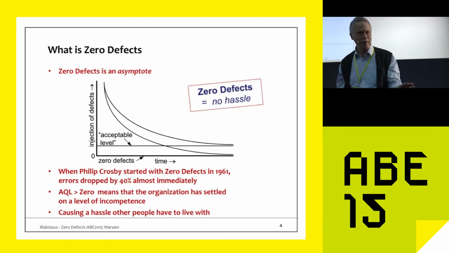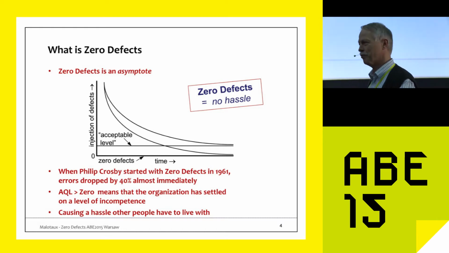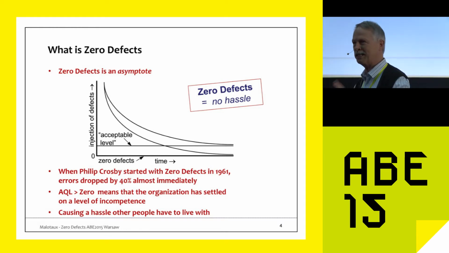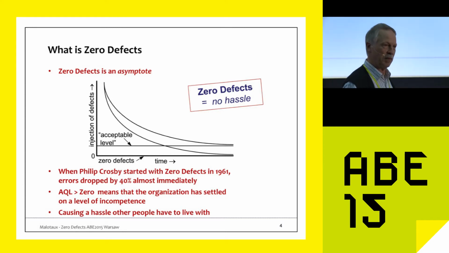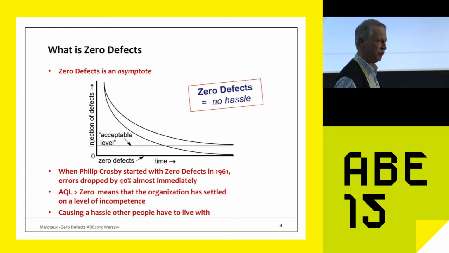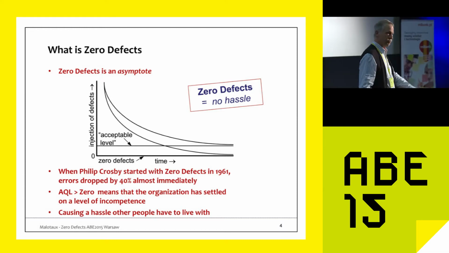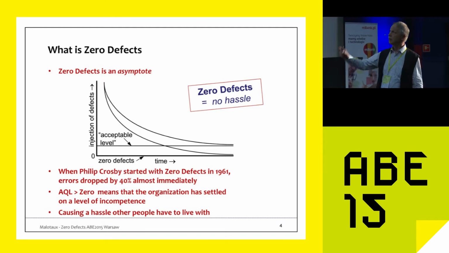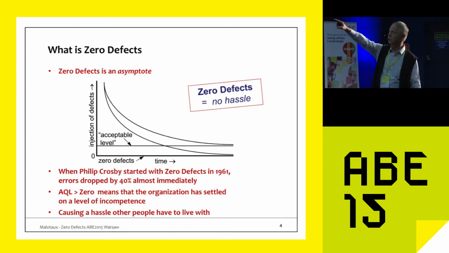Before you stop thinking, because many people stop thinking if I start talking about zero defects, because they say, you're nuts, you're coming from Mars, that's impossible, so why even think about it? Let me try to explain what I mean with zero defects. If we start doing something and we're not yet good at it, we can learn, so this is the learning curve.